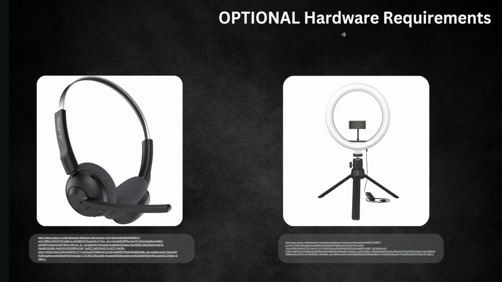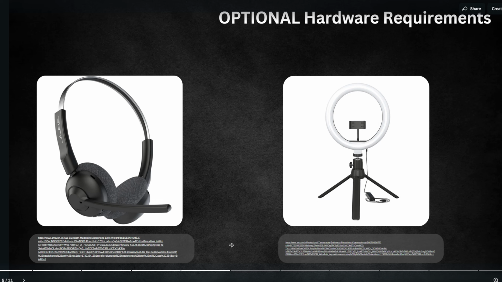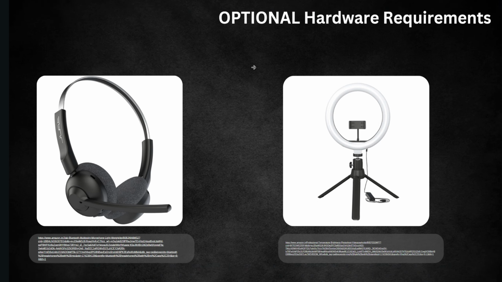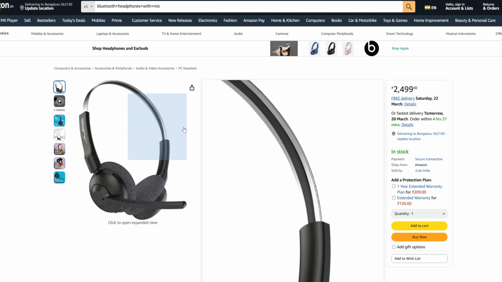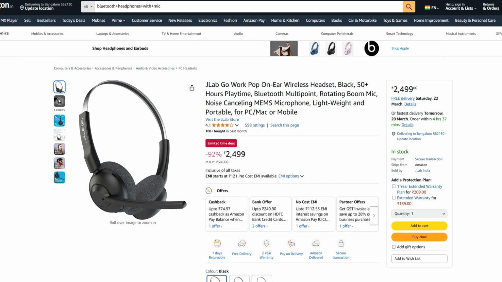Talking about optional hardware requirements, it's completely up to you whether you want to go for these or not. This is going to elevate the experience of you as a teacher and of the students. For example, this first one is a Bluetooth headphone which comes around 2500. I personally use this. This is really good if you're taking classes in a little bit noisy environment and you want something that can cancel the noise outside.